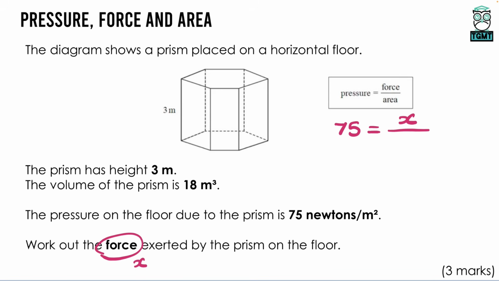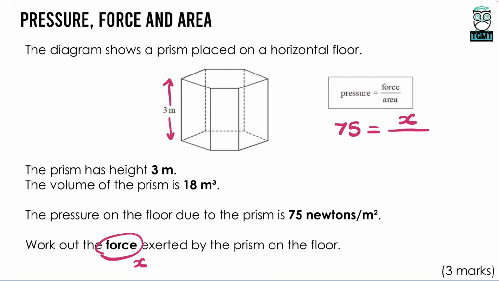So this comes to some reverse volume. To get the volume of any prism, you take the area of the cross section, which in this case is this hexagonal base, and you multiply it by the distance that it passes through the shape, which in this case is 3 meters.